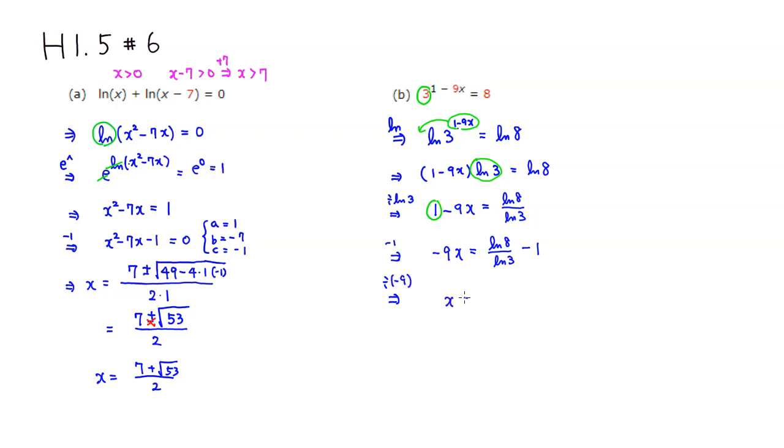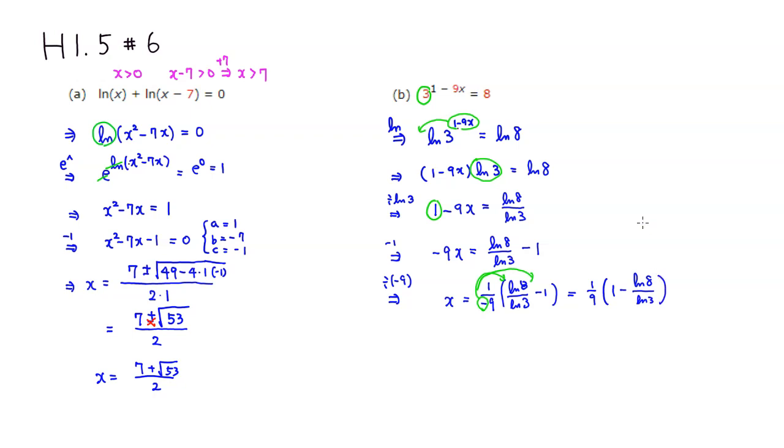So you have x equal to 1 over negative 9 times the natural log of 8 over the natural log of 3 minus 1. If you want, I'm going to distribute the negative sign to both of these to rewrite it as 1 over 9, just because it looks a little bit nicer. So negative 1 times negative 1 is positive 1, and then put the negative sign in front of the natural log of 8 over the natural log of 3.